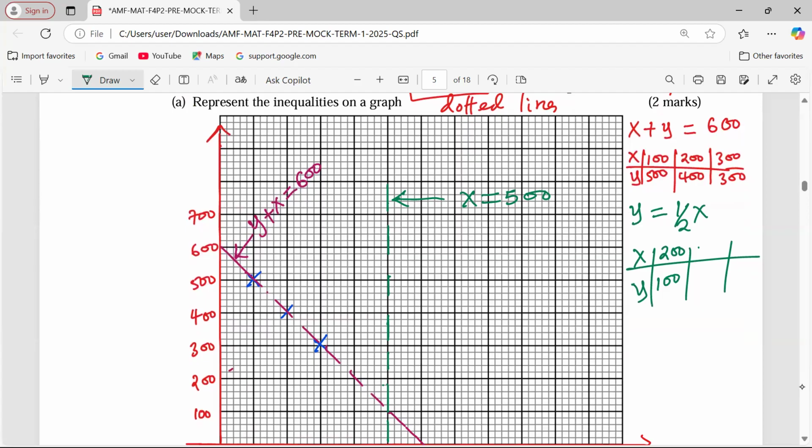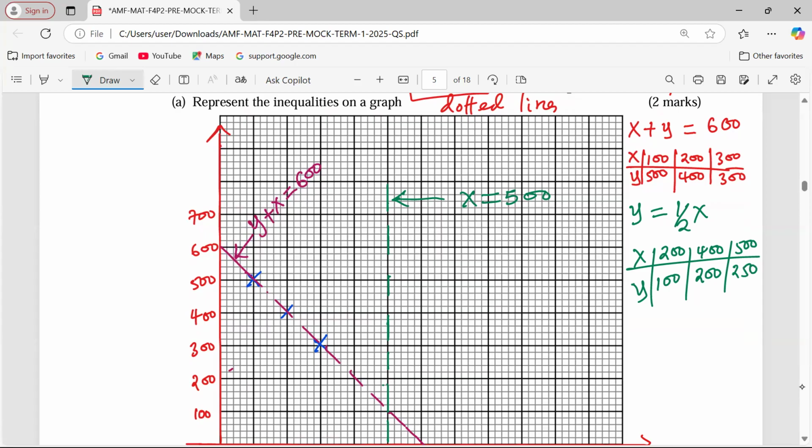When x is 400, the value of y is going to be half of 400, which is 200. When the value of x is something like 500, the value of y is going to be 250.